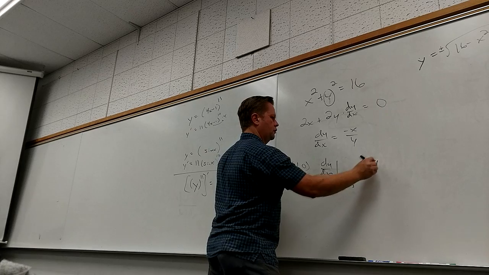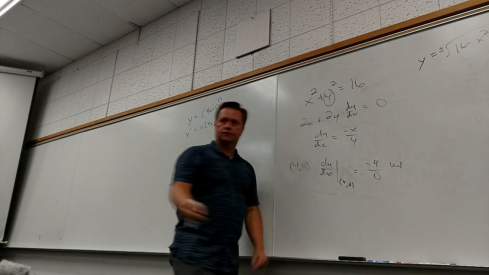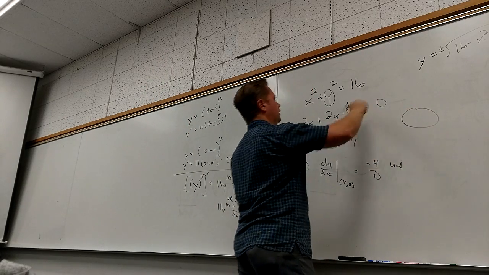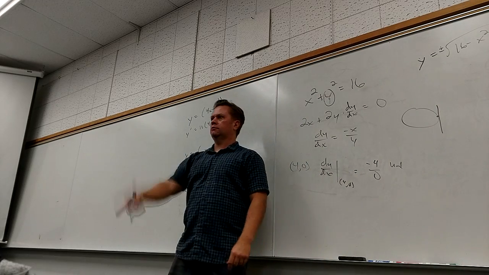Negative 4 over 0 is undefined, also known as infinite. And if you look at a circle and you look at 4, 0, isn't the tangent line right there going to be straight up and down?